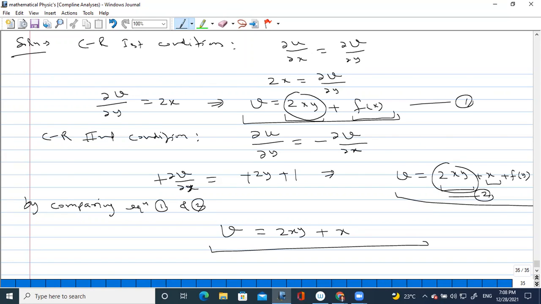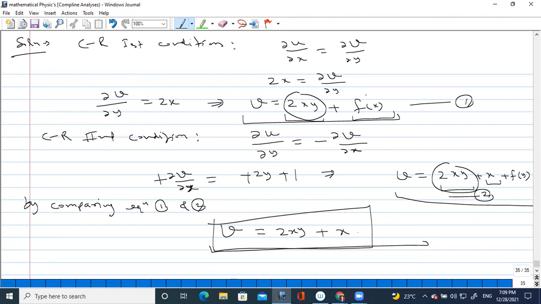Now, second thing, f(y) is giving me a clue that some pure function of y can also be there, can or cannot be. It is just a clue. But in the other equation there is no pure function of y, so I cannot take that. That's why this much is the correct answer. Up to here only we have to stop.